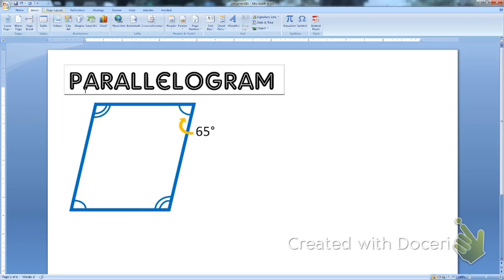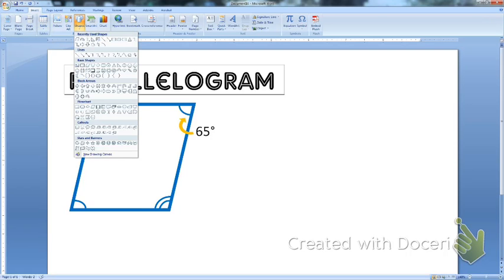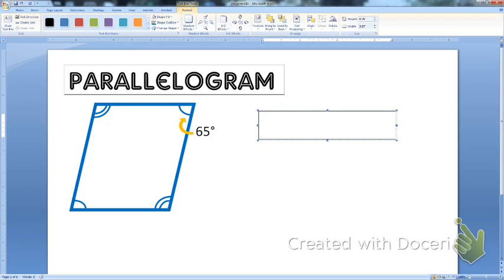I'm going to put this in a text box because I think it will be easier than jumping back and forth between the pen. Okay, so 130 degrees is where we are. Let's write that. 65 plus 65 equals 130.